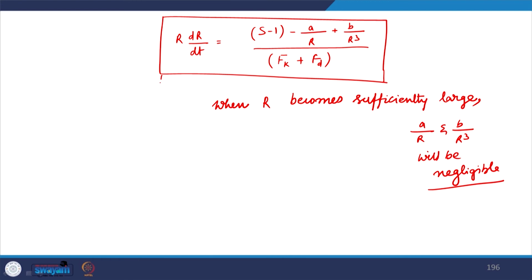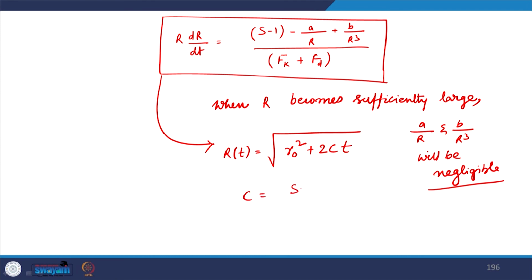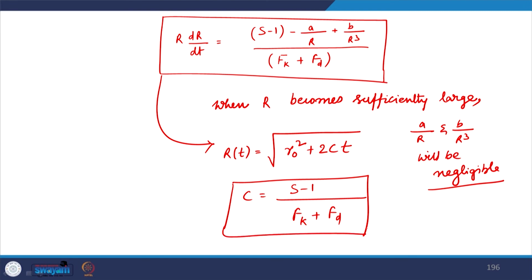So, in that case, we can reduce this expression. We are going to integrate this, and R squared as a function of t will simply be R naught square, the initial radius, plus 2c t, where the constant c is S minus 1 divided by Fk plus Fd. So, this is the expression which tells you how the radius of the droplet changes with respect to time.